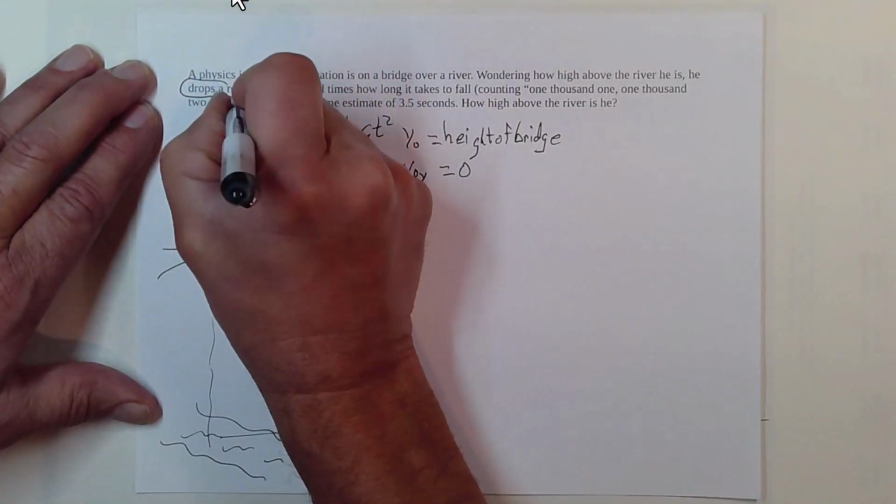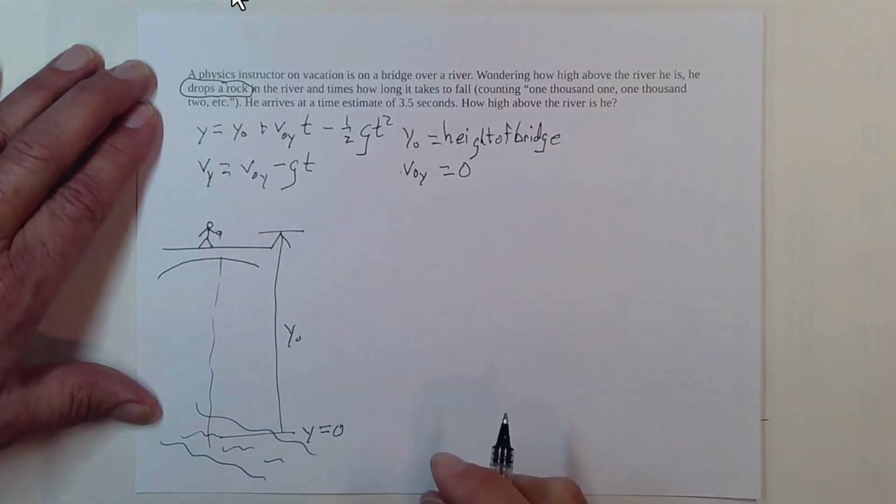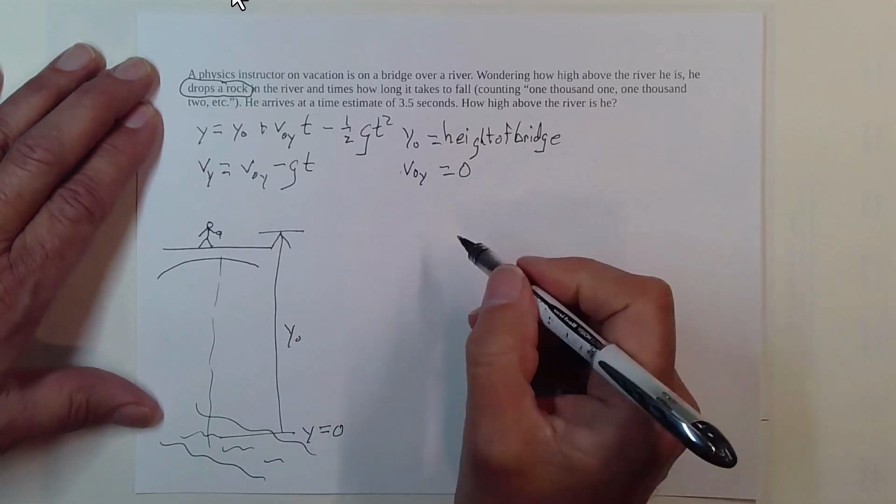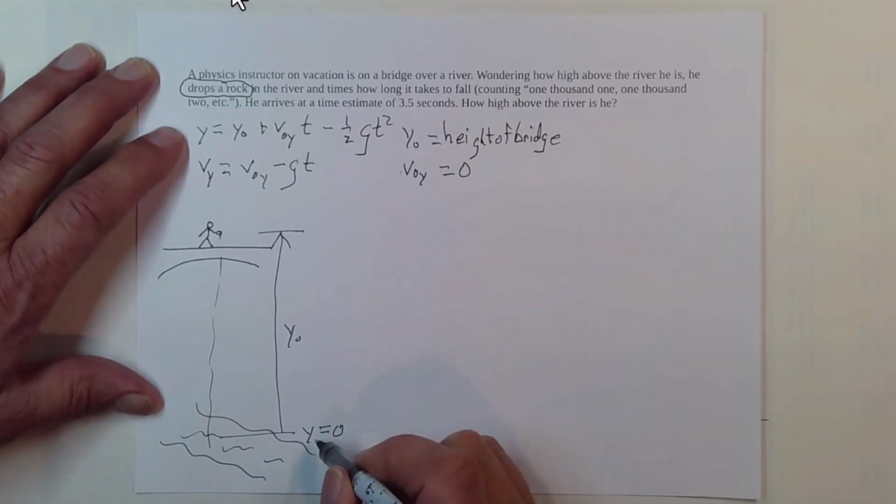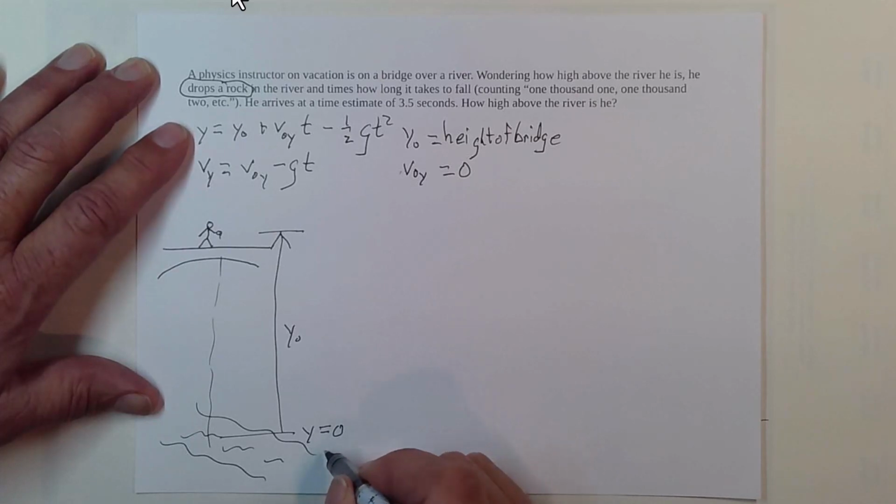When you drop something, its initial velocity is 0. If you throw it, it may not be 0, but dropping it, that'll be the case. We have y final down here at the river level is going to be 0.